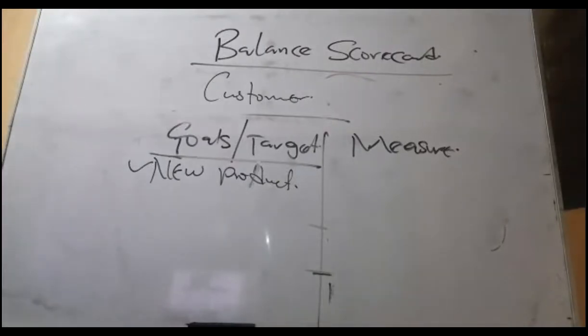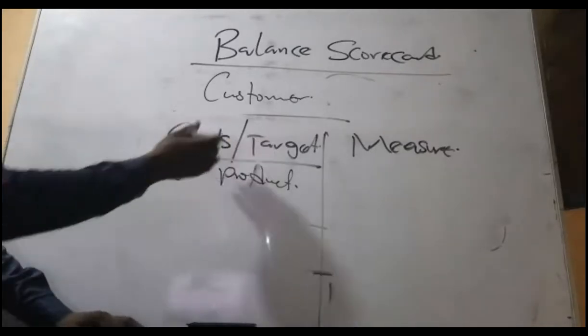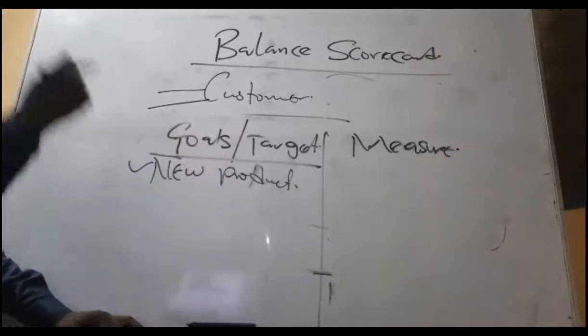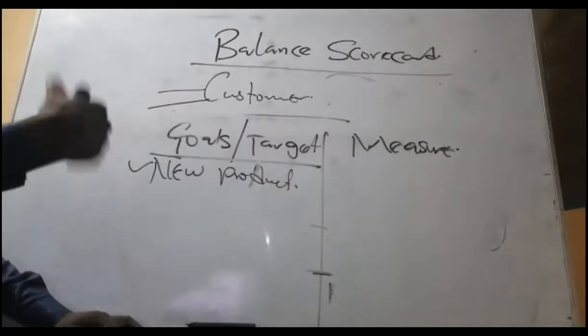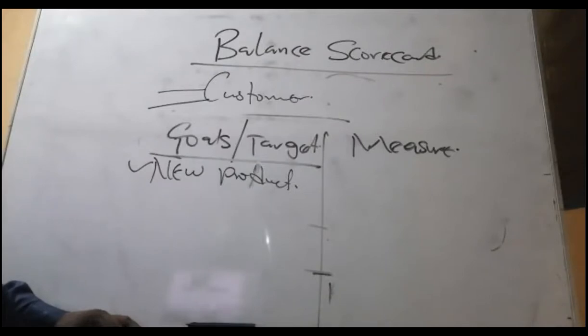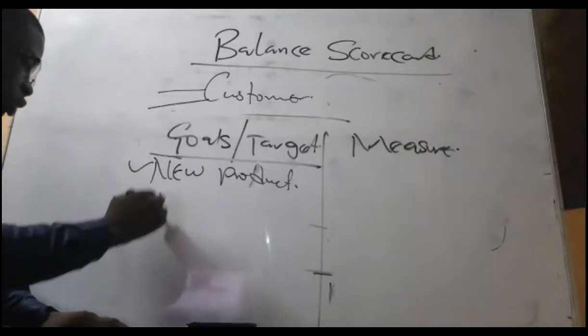Customer partnership. And then preferred supplier. Here it talks about the customer, the one that we sell our product to, and then sometimes the one that we buy from, the supplier. So you can also talk about responsive supply and then the preferred supplier.